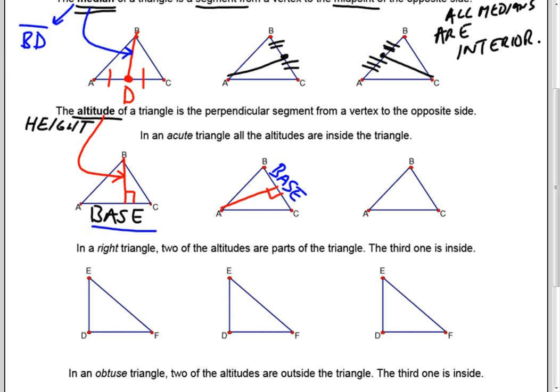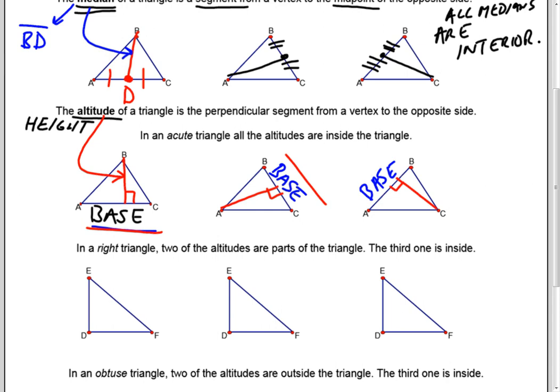Three sides, 3 possible bases. I could put my base over here. Where would my altitude be then? Where would I start? Point C to this base. Just make sure that it's a right angle. So depending on what information is handed to you in a surface area problem, you might want to look at this is the bottom, this is the bottom, or this is the bottom, depending on the circumstances.